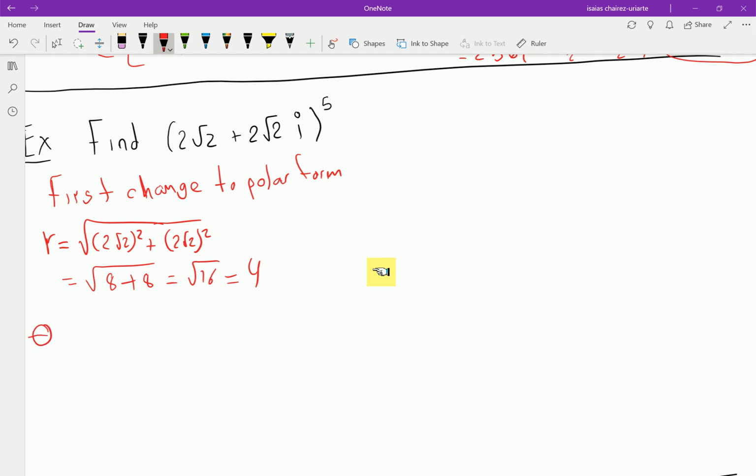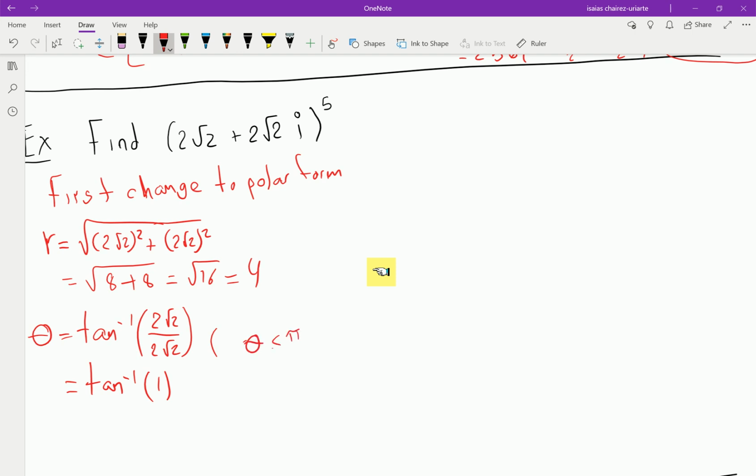Now theta is going to be tangent inverse of 2 square root of 2 over 2 square root of 2. Well, that's the same thing as saying tangent inverse of 1. And well, remember right now that theta, what's the range of tangent inverse?